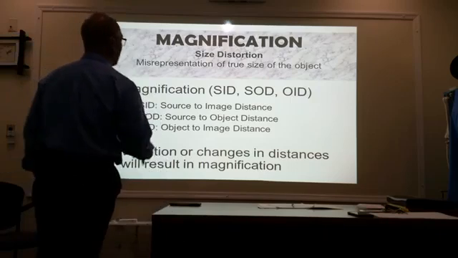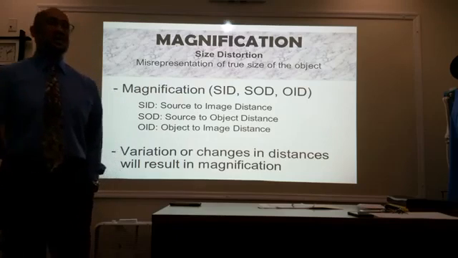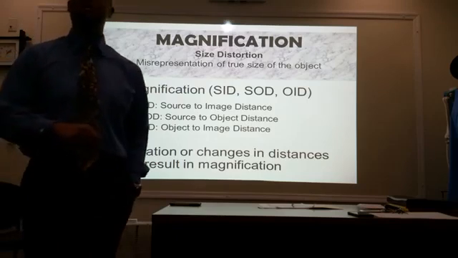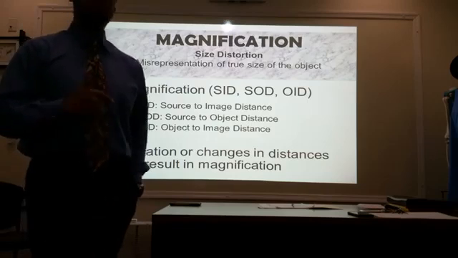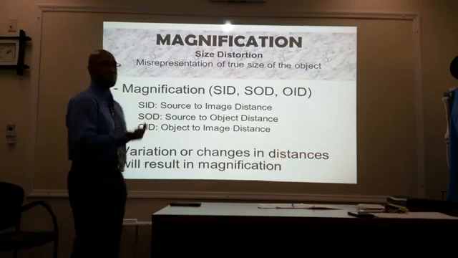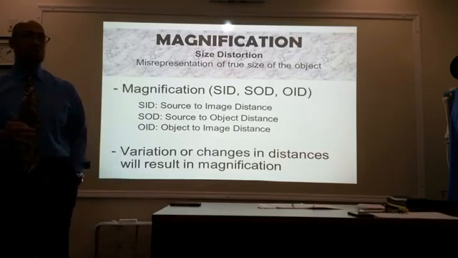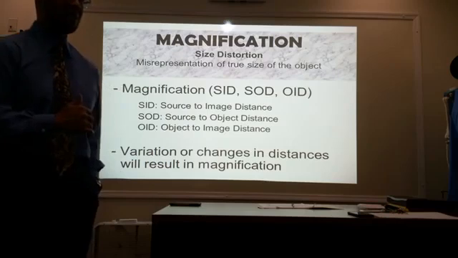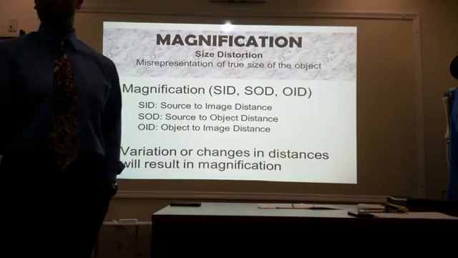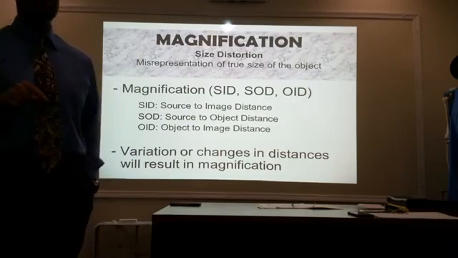The influencing factors of magnification relate to distance. The first one is SID. What's SID? Source to image distance. The other distances that we're going to be referring to and how they influence magnification are SOD, which is your source to object distance, and then your OID, your object to image distance.